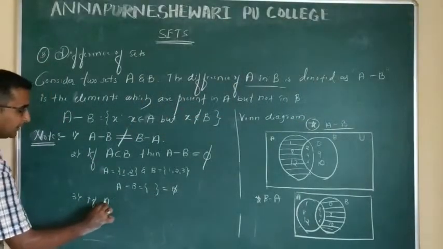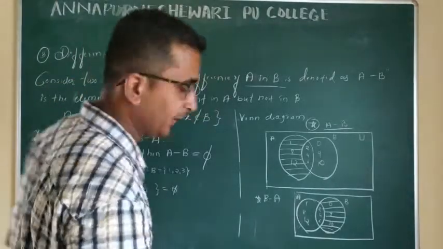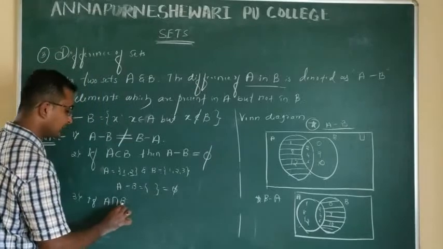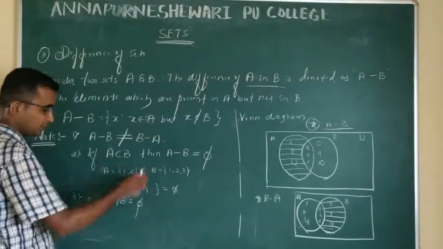If A intersection B has no common elements, these are disjoint sets. I will let you know about this concept.